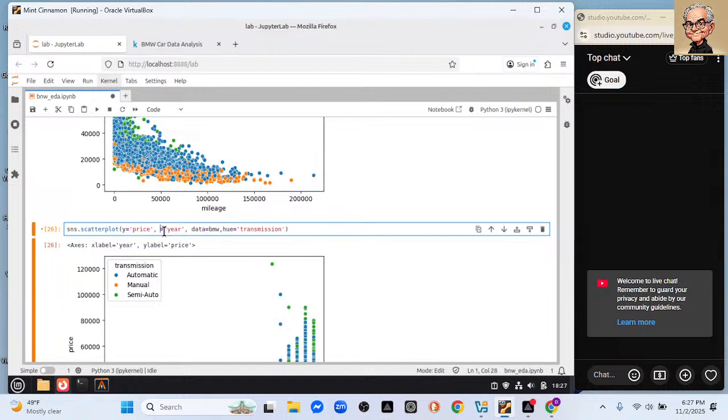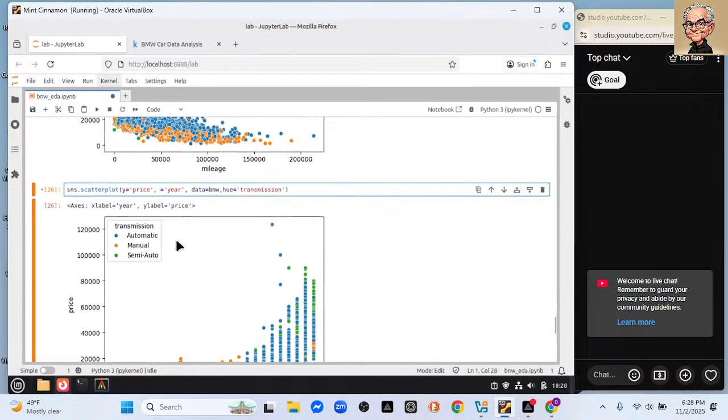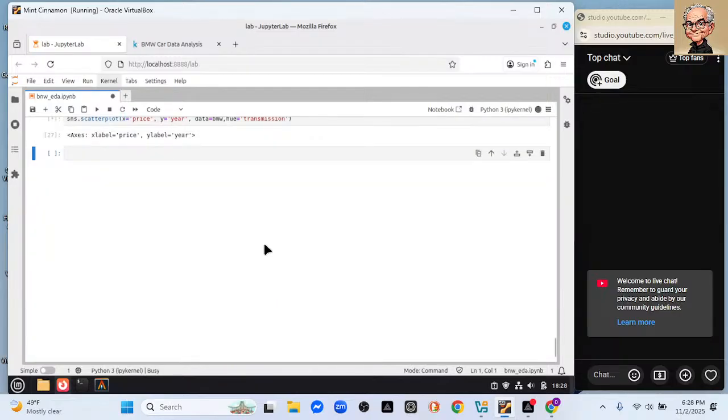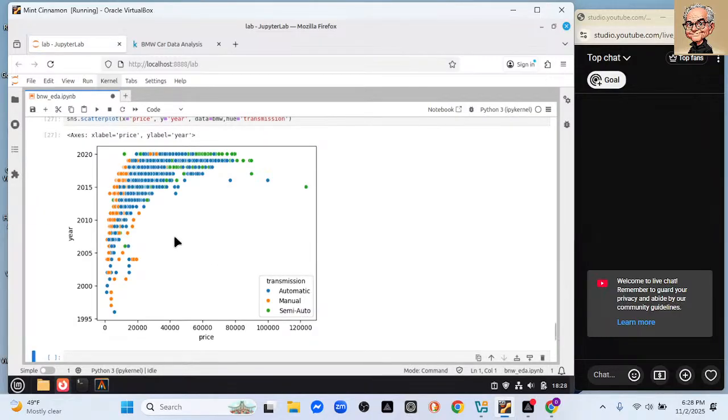Let's put price on the x-axis, and year on the y-axis. Let's see how this looks. This is kind of cool.